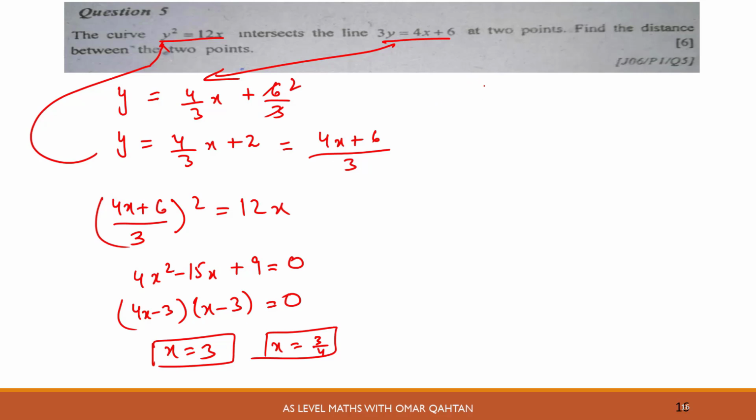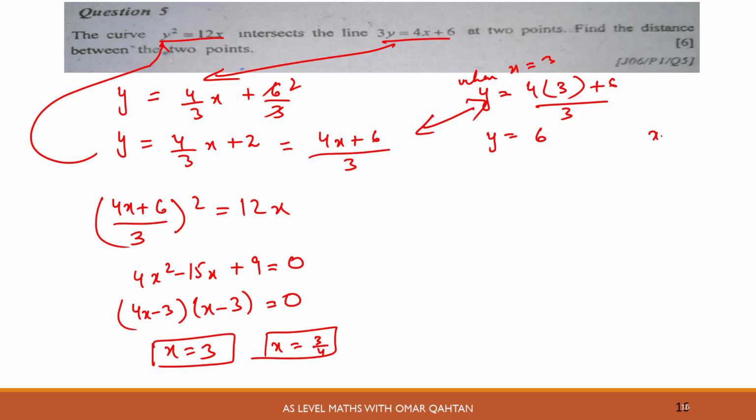So the value of y, when x is equal to 3, I'm going to substitute 3 over here. So y equals 4 into 3 plus 6 upon 3, which will be 6 only.